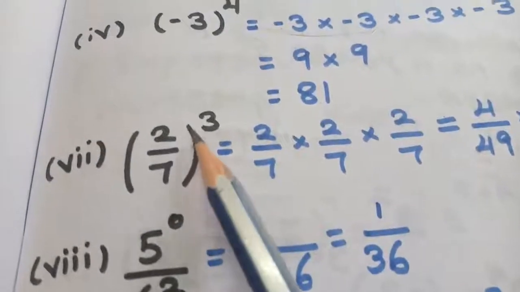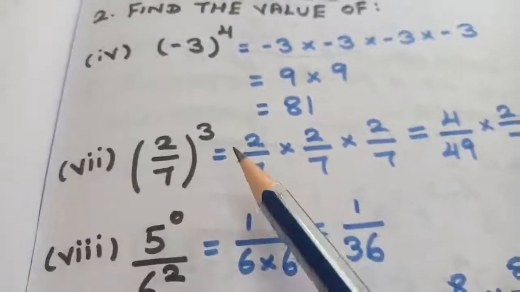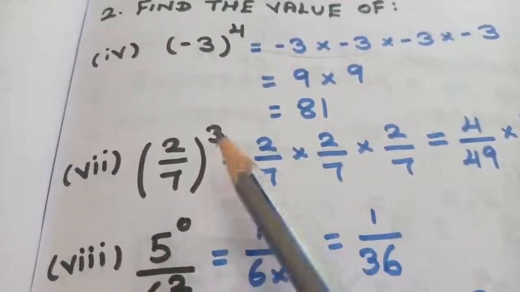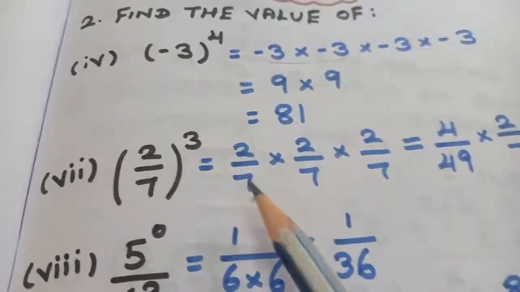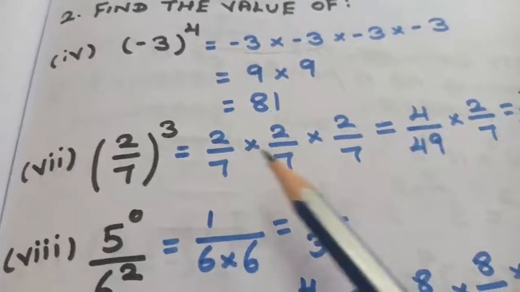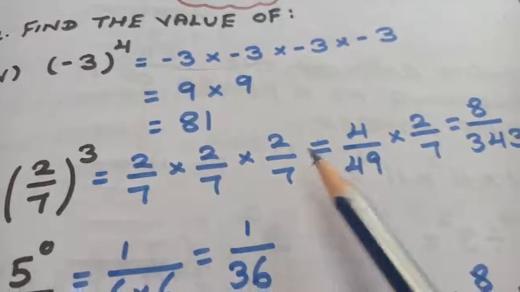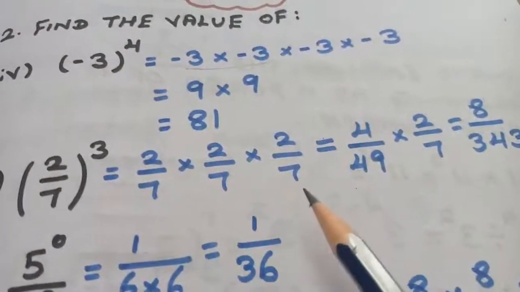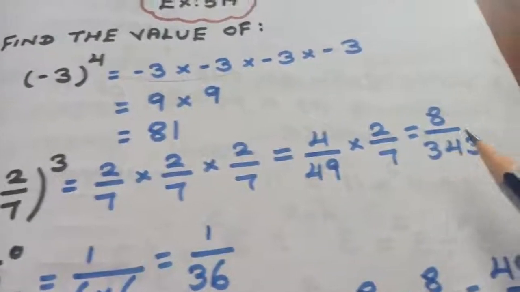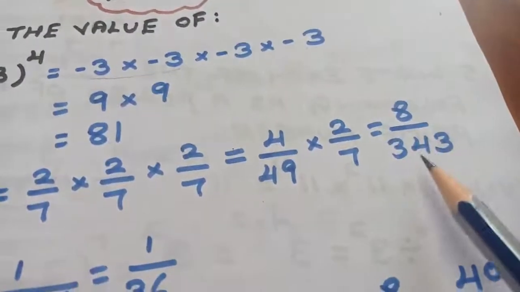Suppose it is in the form of a fraction, that is 2 by 7 whole to the power 3. Multiply it 3 times, 2 by 7. Numerator multiply the value and denominator multiply the value, students. After multiplying, you are going to get the answer as 8 divided by 343.